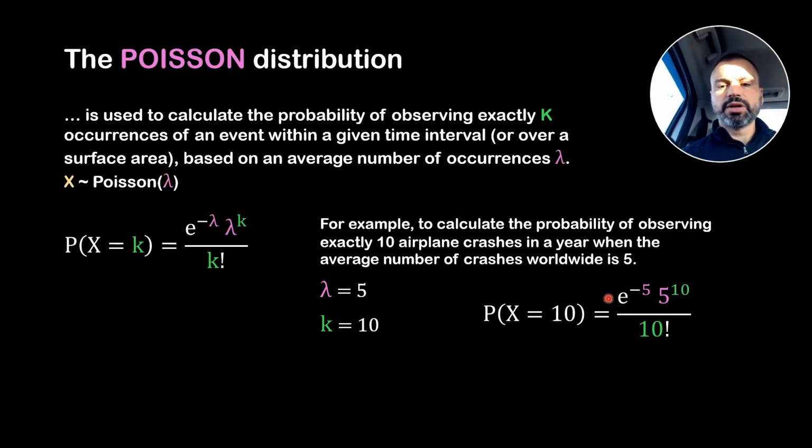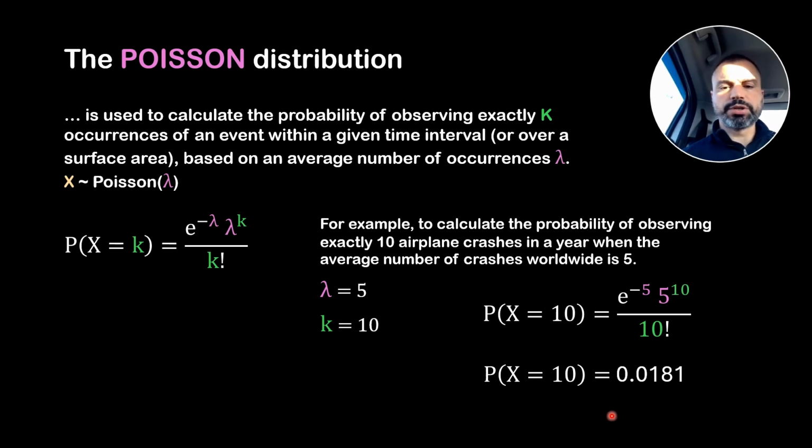In this PMF, the number E, which is called Euler's number, is equal to 2.71828, and there are other digits after the decimal point, but we usually stop there. Just know that the number E is a very important number in math, and when we compute this PMF, we get a very small probability.